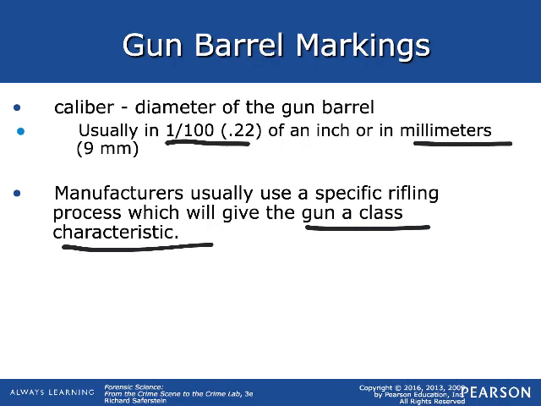So you can say, okay, this is a Ruger, this is a Marlin, this is a Benelli. Because they use a specific process to rifle their barrels, the guns can be classified according to class.